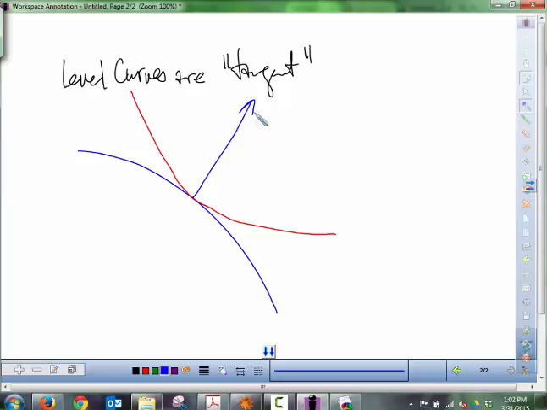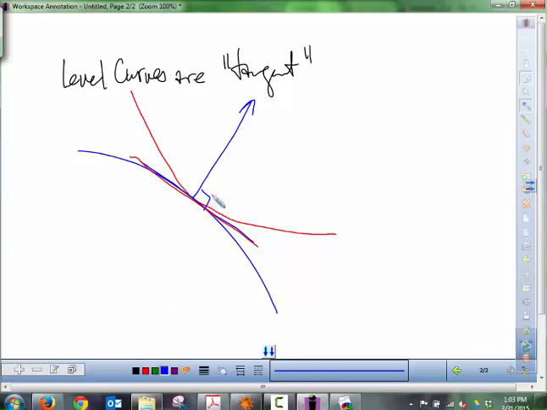What's interesting about this is that these curves are tangent to each other, and they barely touch like this. And if you were to draw a tangent line to this circle and a tangent line to this other curve, you'd essentially have the same line. But what's more interesting is that this vector that I just drew is the gradient. It's perpendicular to the level curve.